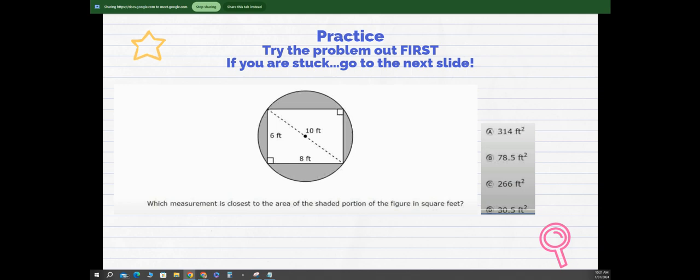Now remember, if you are stuck, you could at least try part of the problem. You could write down everything you know. So for example, I notice that the shaded portion is a circle, so I will need the circle formula. I notice that the rectangle in the middle is a rectangle, so I will need the rectangle formula.